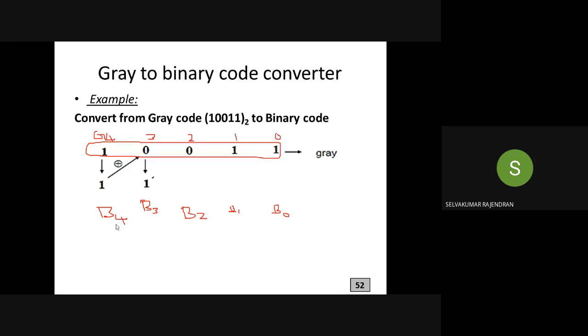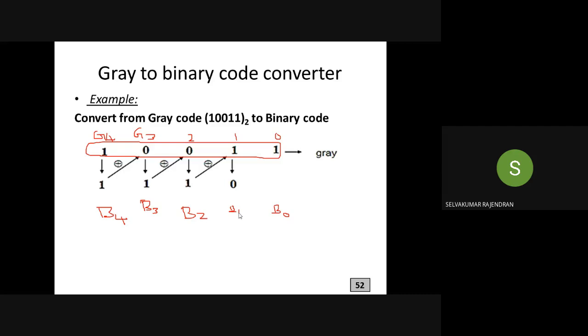B4 is taken directly from G4. B3 is obtained by XORing the MSB bit position B4 and G3. Similarly, B2 is B3 XOR with G2.